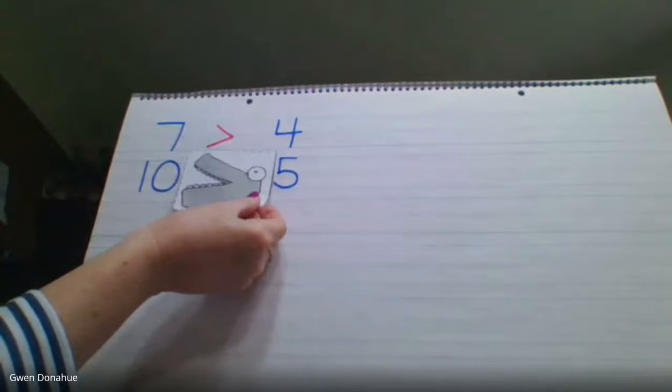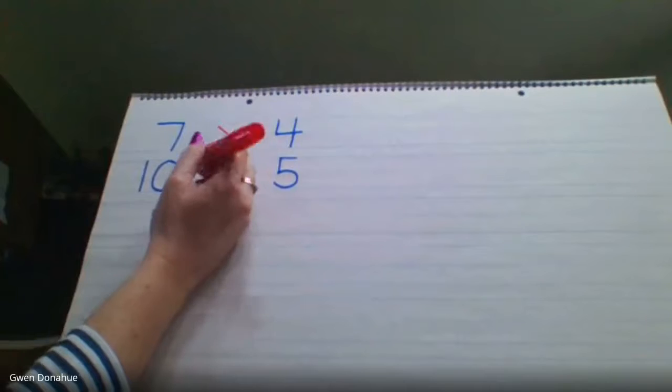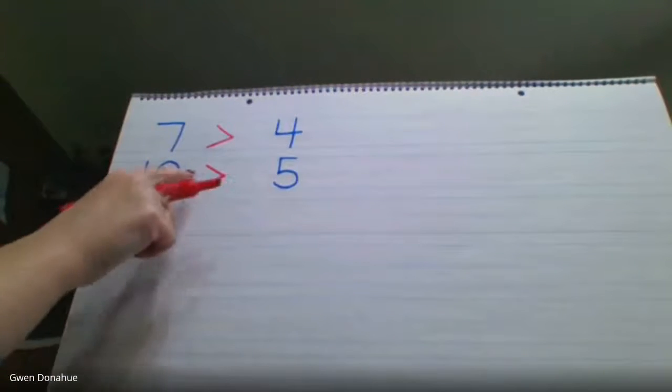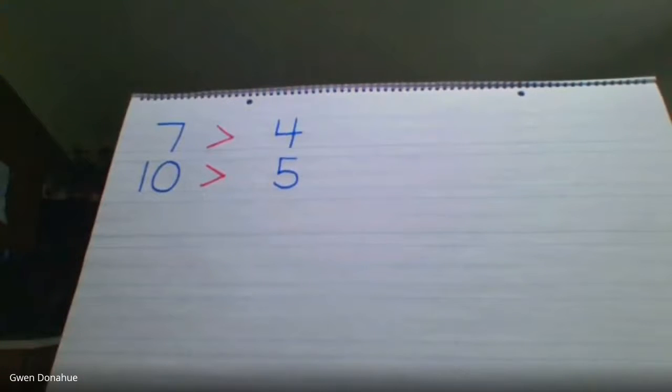Right, 10 is greater than. So there's my number muncher, but if I needed to use that greater than symbol, I make a diagonal line and then back like that. There's his mouth. He likes the 10 because he's going to eat the 10. It is more. It is greater than.